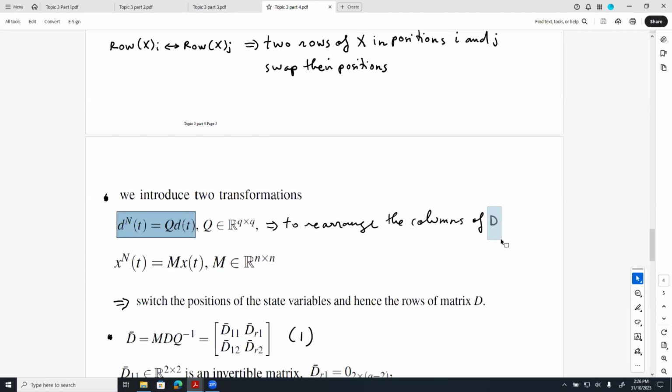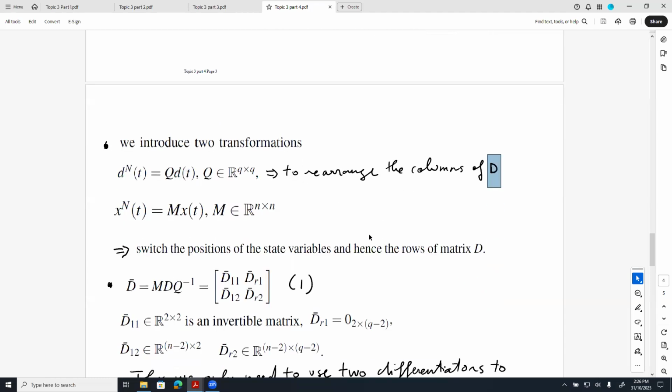All right. And then we also introduce another transformation, which is a state coordinate transformation. We call the matrix M, which is invertible. And what is this transformation? Basically, we switch the position of the state variables.